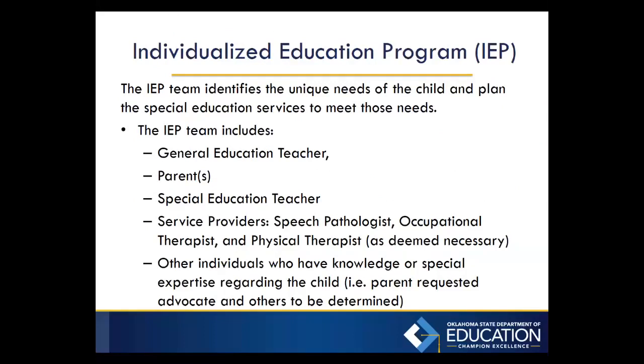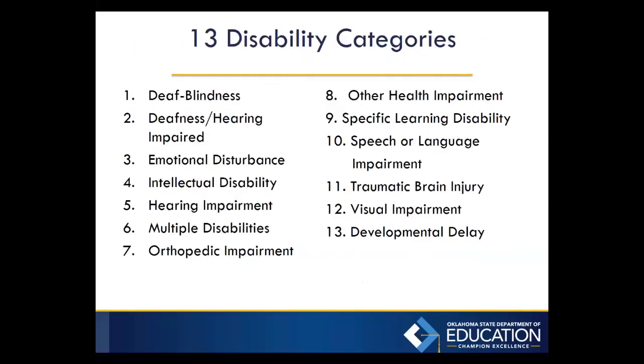And I want to go back real quick to the categories of disability. If you have a child with either number 1, number 2, or number 12, those categories are considered sensory disabilities. If you are a developmental delay school, you can never put children with sensory impairments in DD.